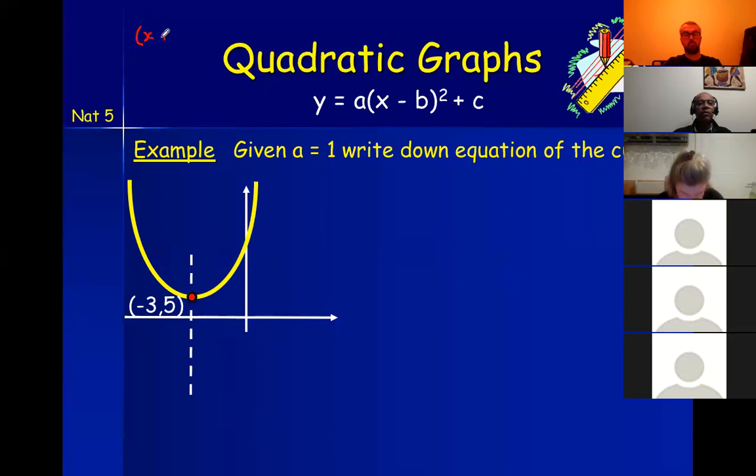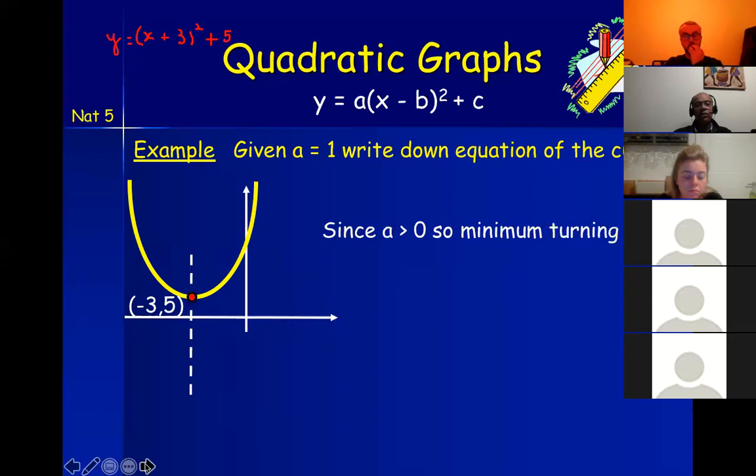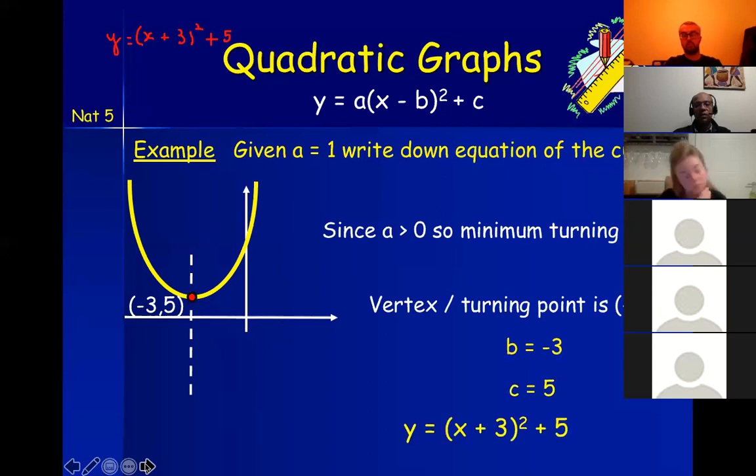If you were to complete the square, (x + 3)² + 5. That's all we needed to write down the equation of this curve. Since a is positive, we've got a minimum turning point, b = -3, c = 5, (x + 3)² + 5.